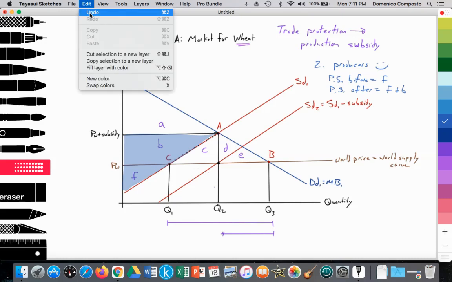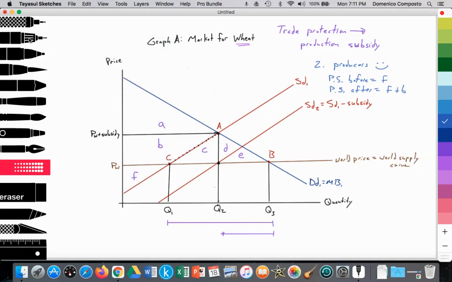And we can also mention the impact on total revenue. Total revenue before, I'll call that total revenue 1, was the price at world times Q1. But then with the production subsidy, total revenue 2 is PW plus subsidy times a greater level of output at Q2.